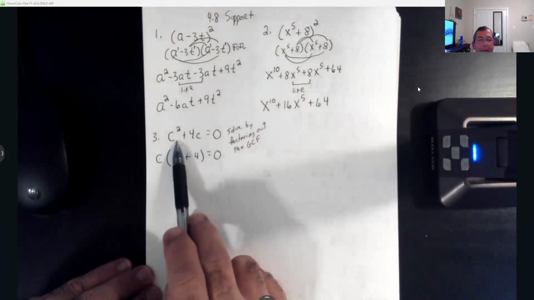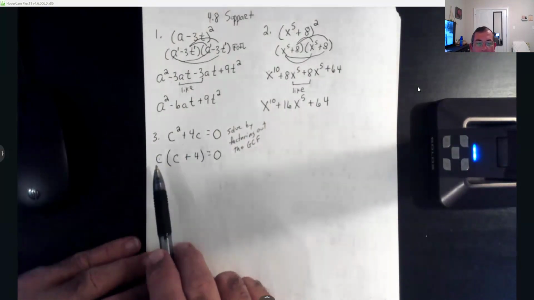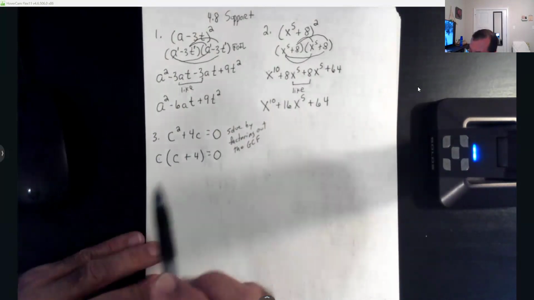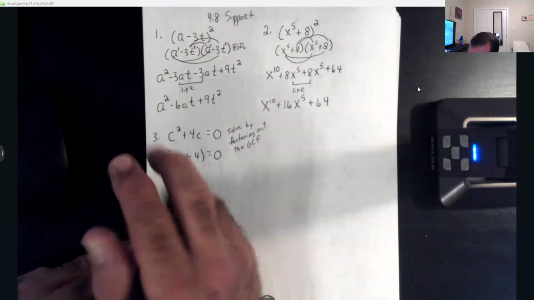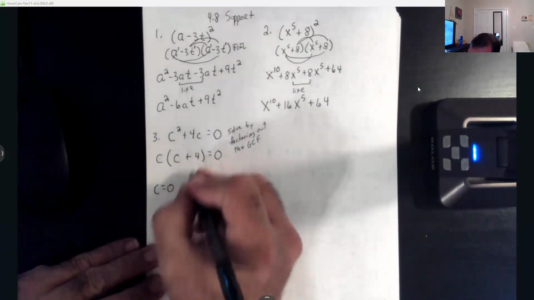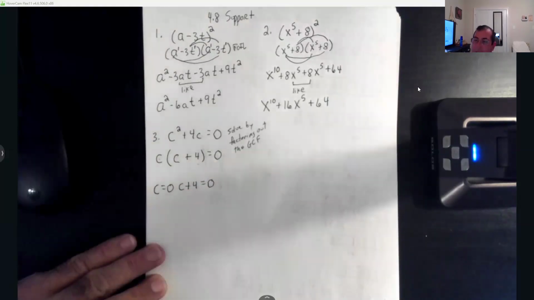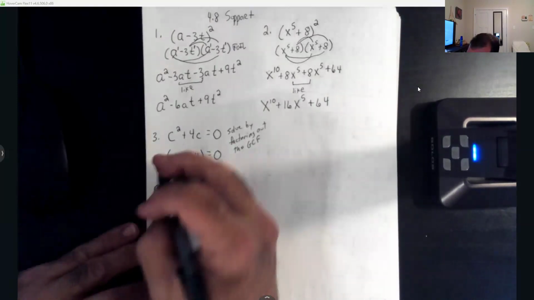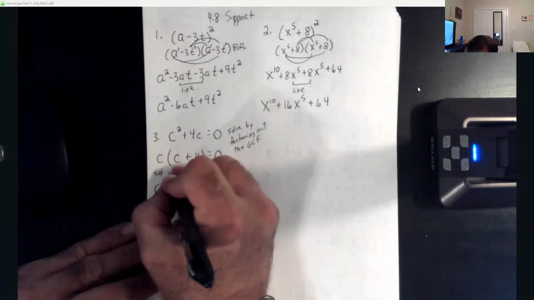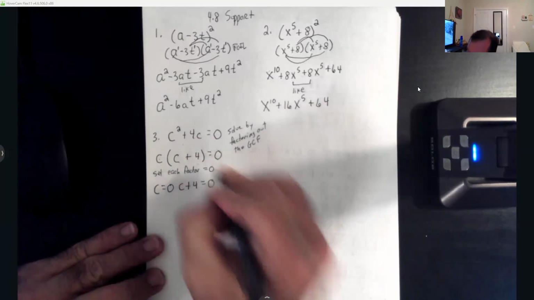So if you've got the same variable in both of your terms, factor it out, and then set both of these equal to 0. So I'm going to set my first factor, which is the c, equal to 0, and then I'm going to set c plus 4 equal to 0. So y'all, at that point, I just set each factor equal to 0, okay?